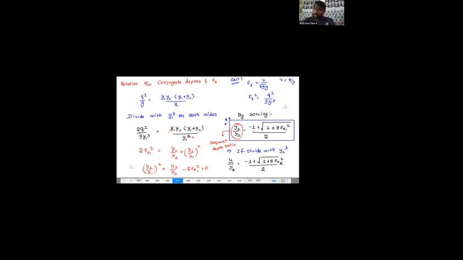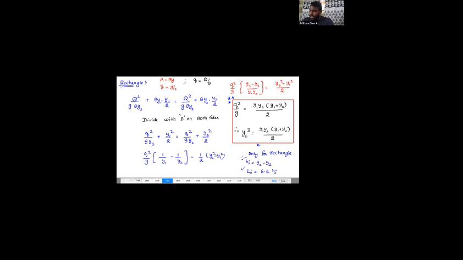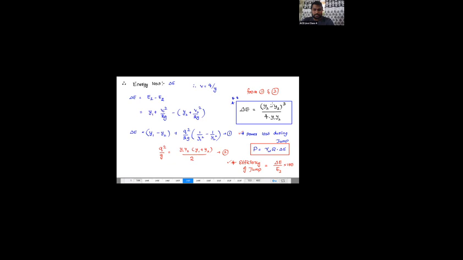The more Fr1 is greater than 1, the more the difference between the conjugate depths y1 and y2. And the more the difference between y1 and y2, the more the height of the jump, the more the length of the jump, and the more the energy loss.